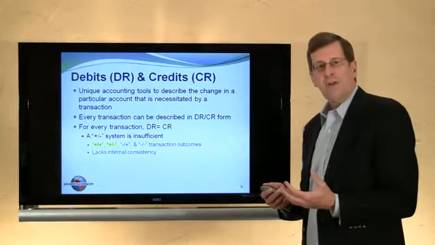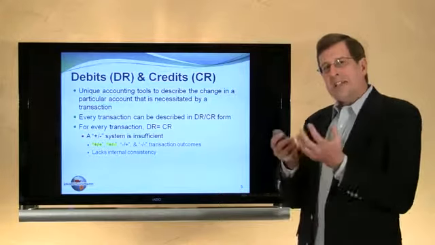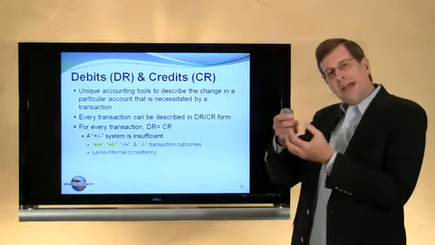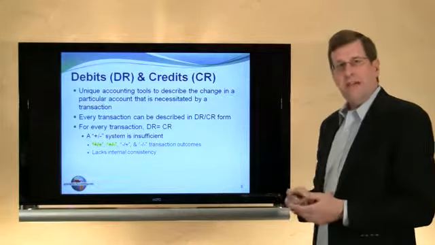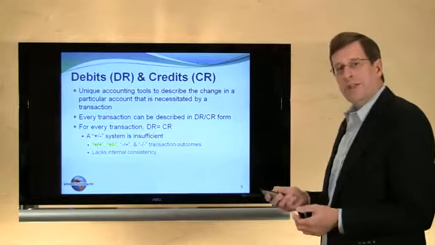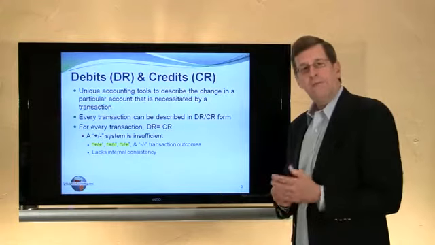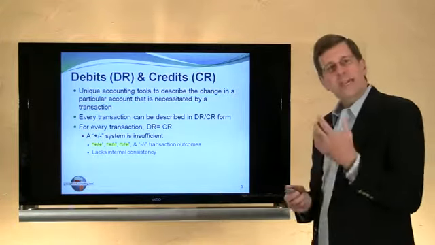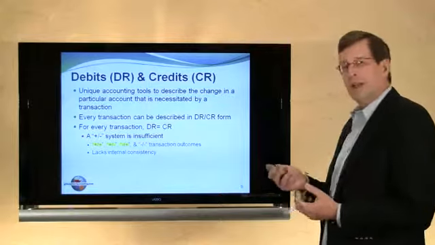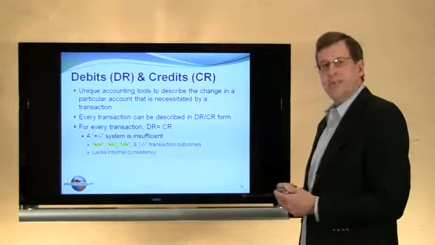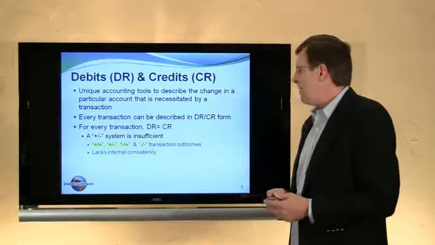Other transactions might be a plus-minus effect. If we collect an account receivable, our company's cash goes up and our company's accounts receivable go down. That's a plus-minus effect. Can you think of a minus-plus effect? Well, how about if we use cash to buy equipment? Cash goes down and equipment goes up. There's a minus-plus that I'm describing. Or what about a minus-minus?